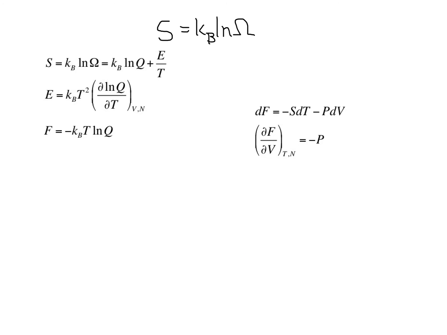Notice that the Helmholtz free energy is directly related to the natural log of the partition function. Our differential expression for the Helmholtz free energy gives us a way to calculate the pressure as a function of the partition function.